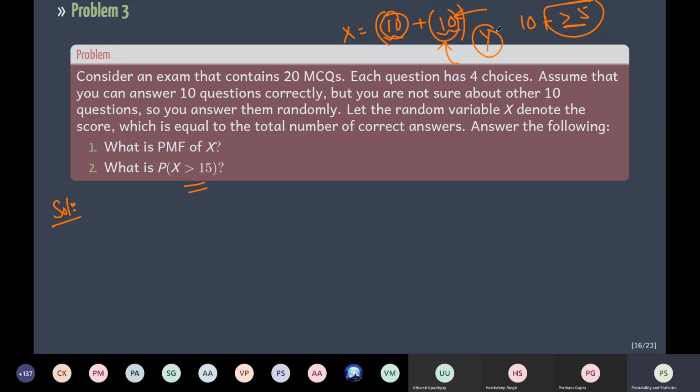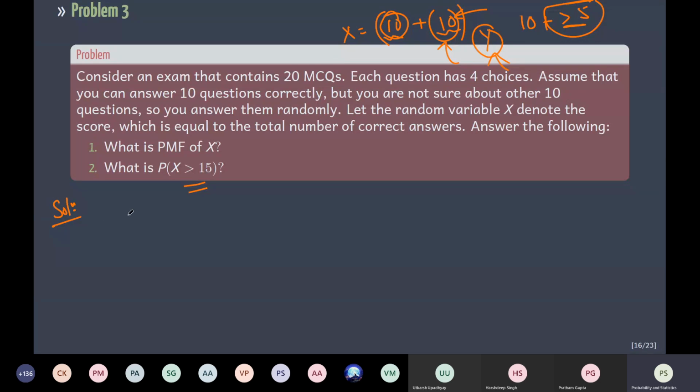It's like asking for 5 or more correct out of 10. So this may behave like some random variable that we are familiar with. In that sense, X will be some constant plus some random variable that we may be familiar with. This is how we will try to break our problem.